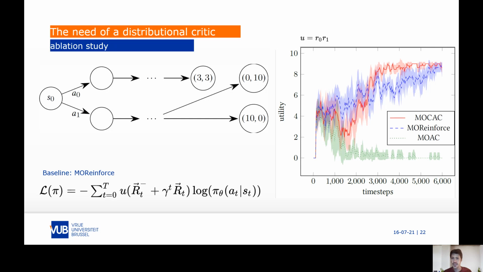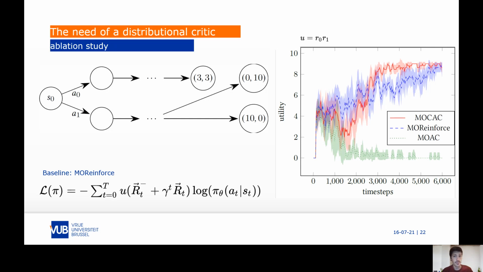What we basically did is use REINFORCE with accrued rewards so that we get episodic returns, so that we can apply the utility function on the policy gradient loss of REINFORCE. REINFORCE doesn't have a critic, so it doesn't need to consider using a distributional or non-distributional critic. It will just optimize directly on the policy.